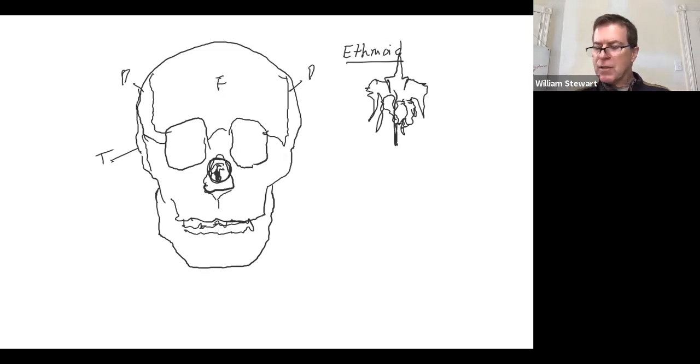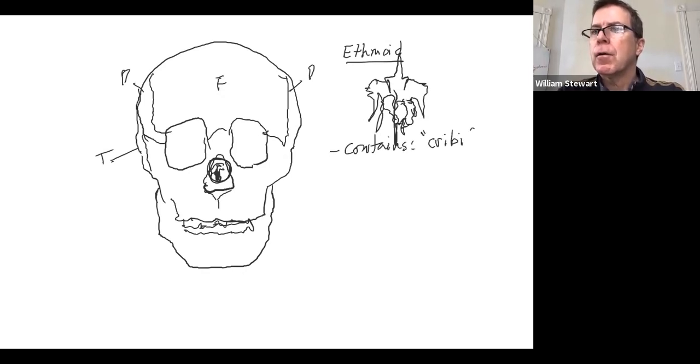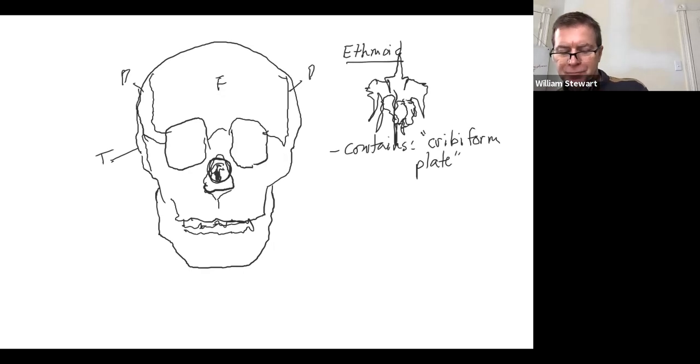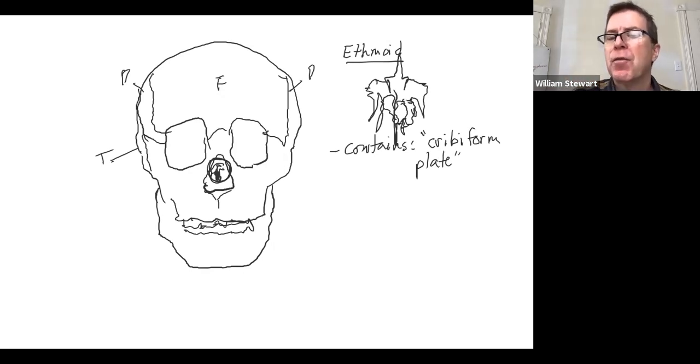That gives you an idea of what it looks like and where it is. It's sort of between the sphenoid and our nasal bones. This bone contains something called the cribriform plate. The cribriform plate houses olfactory foramina.